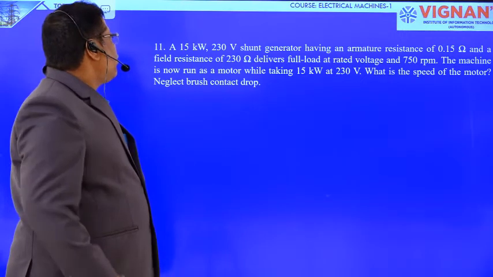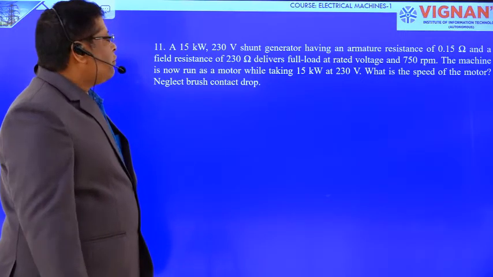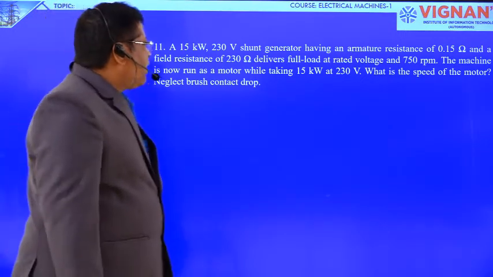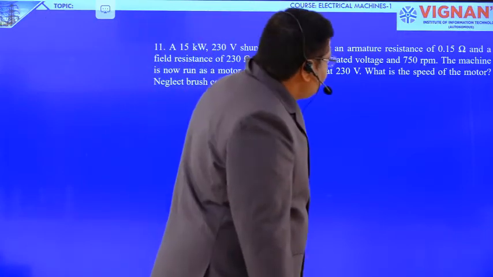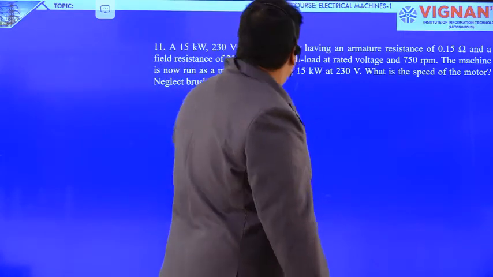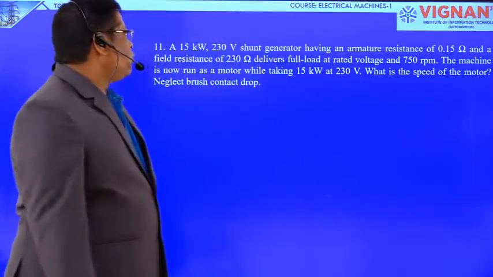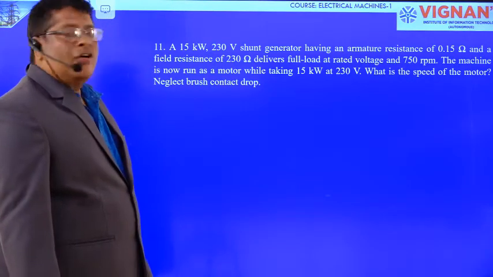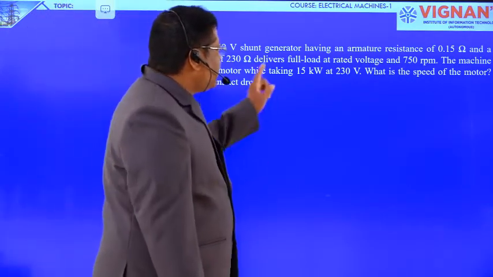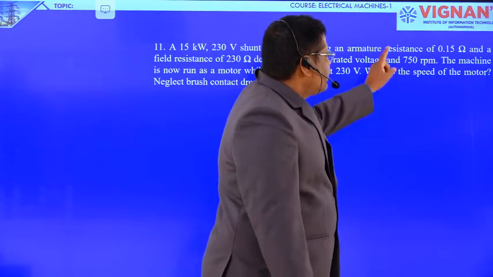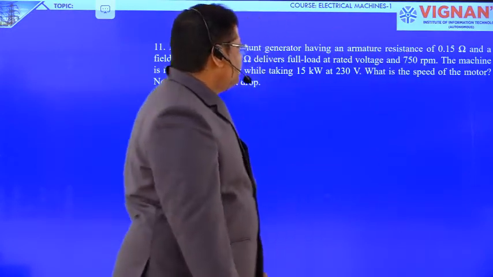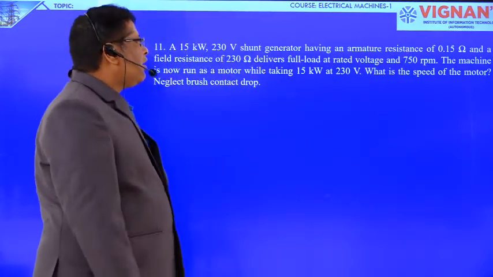A 15 kilowatt, 230 volt shunt generator having an armature resistance of 0.15 ohm and a field resistance of 230 ohms delivers full load at rated voltage and 750 rpm.